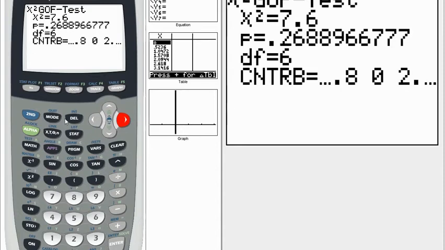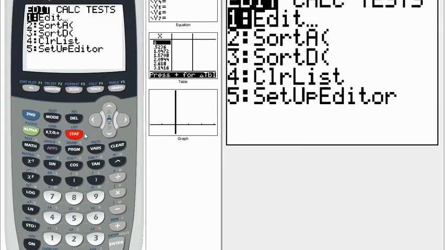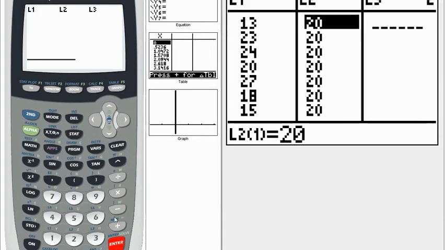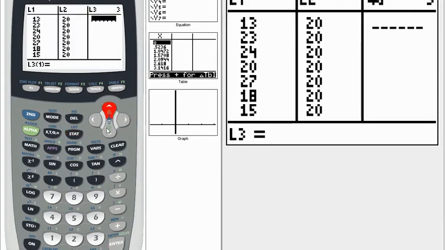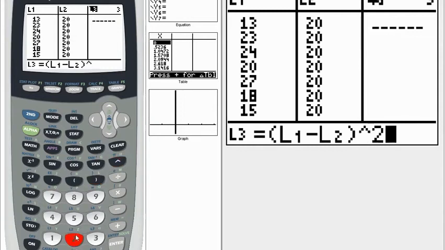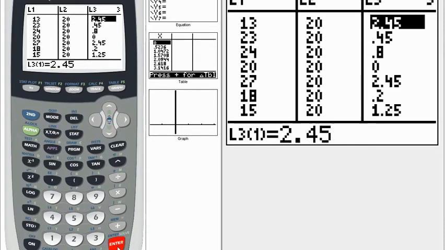So I find it much easier to go into my stat edit and to actually just tell the calculator, I want to take my L1, which is my observed, and I want to subtract my L2, which has my expected, which there wasn't a decimal in this situation. However, if there was, I would keep my decimals long, and that's the advantage of using the calculator. And there are my chi-squared contributions more organized.